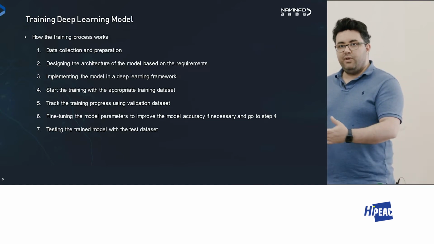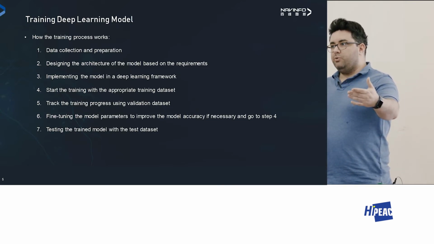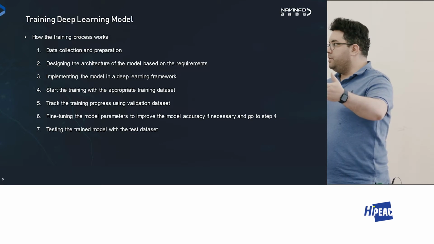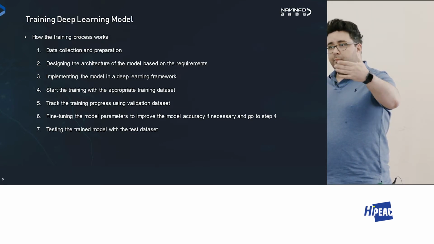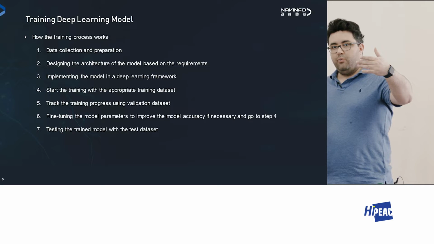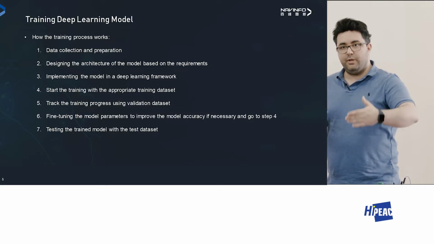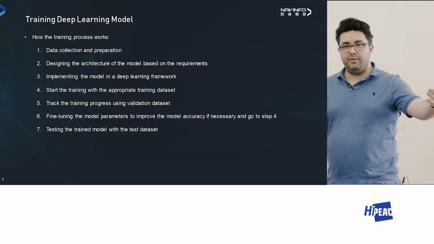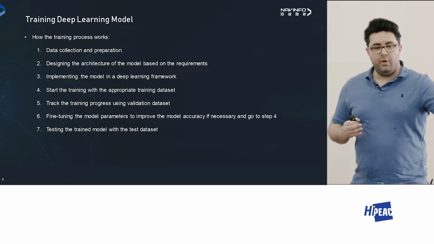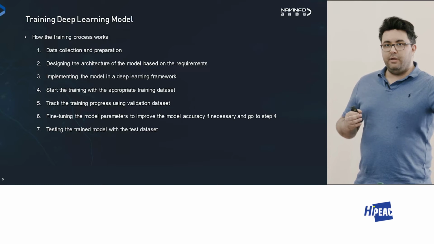Then there is the annotation of the data. For instance, imagine we want to train a model for object detection, and the model needs to learn what a car is. So this raw data set, which is just a collection of images, has to go through a step of data annotation.